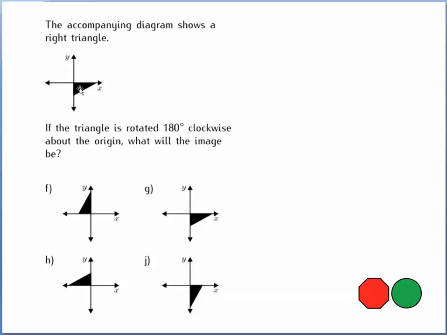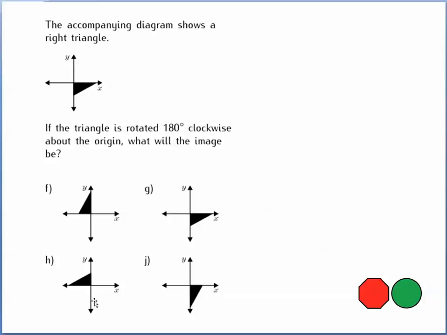Well, it says that if we rotated this counterclockwise, now this would be a counterclockwise rotation because that's the opposite way that the normal analog clock runs. And so to rotate that 180 degrees, this isn't even a rotation of it here. This is either no rotation or a 360 degree rotation.